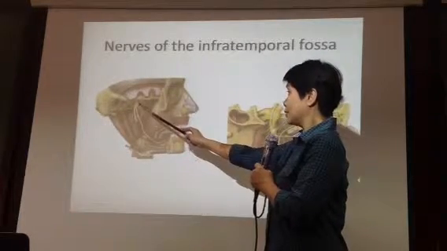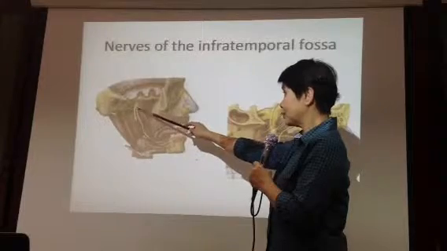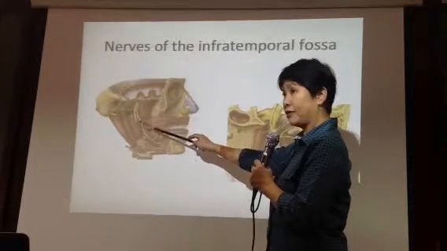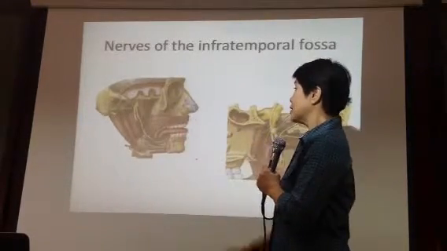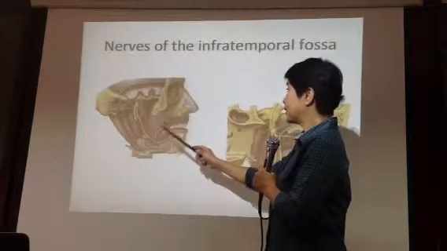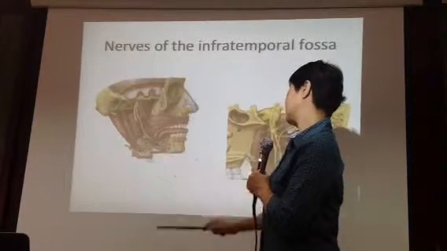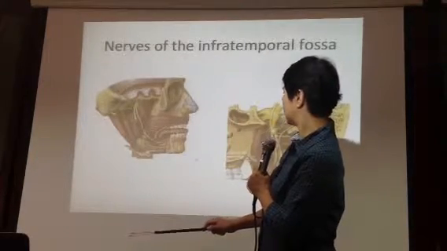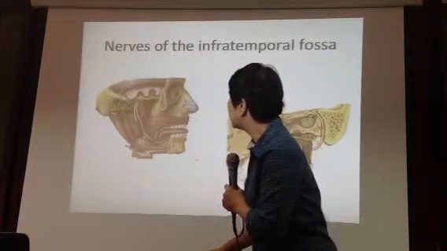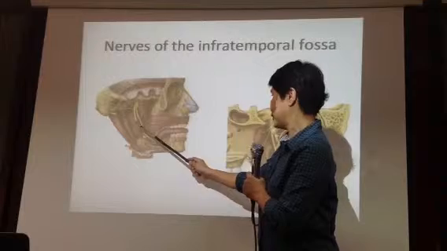A small anterior division, which is primarily motor, and a posterior division, which is bigger, which is primarily sensory. So this is the motor division of the mandibular nerve supplying the muscles of mastication. That is the masseter, and it supplies the medial pterygoid and the lateral pterygoid.